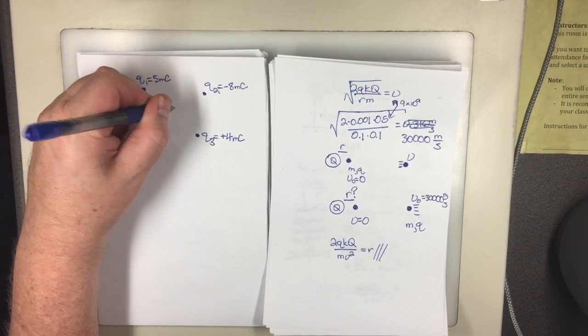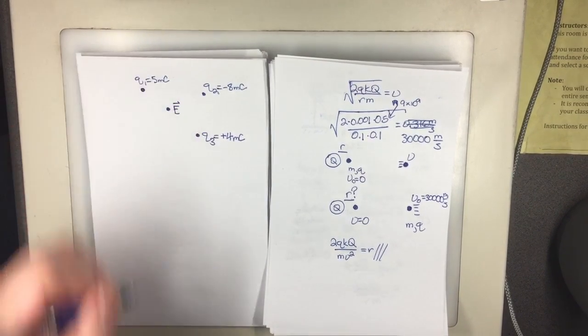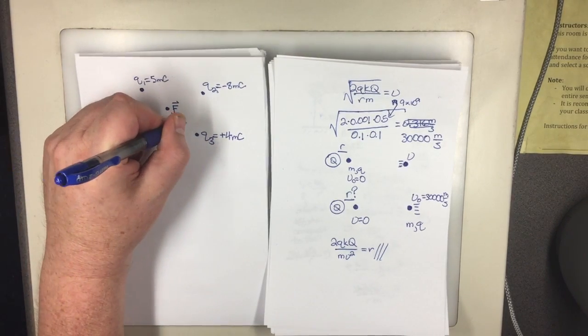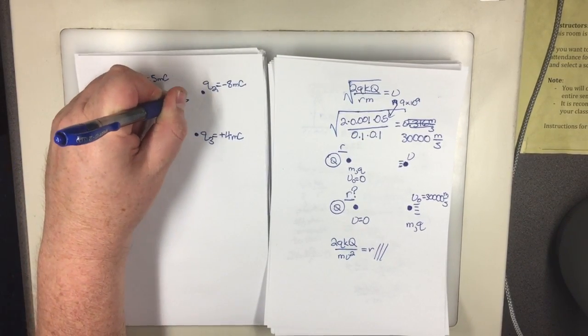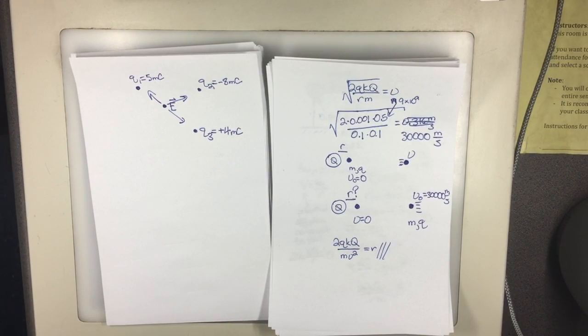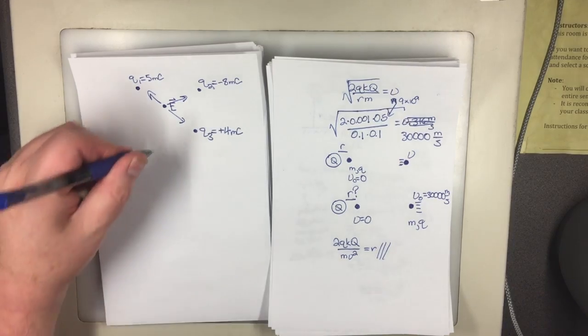And I asked to find what is the electric field at that particular point. Your proper response is, oh my goodness, please don't make us do that. Because what you have to do is set up 3 different electric field lines and then add 3 vectors together. Now, adding 3 vectors together it's not hard, it's just cumbersome. It's tedious.